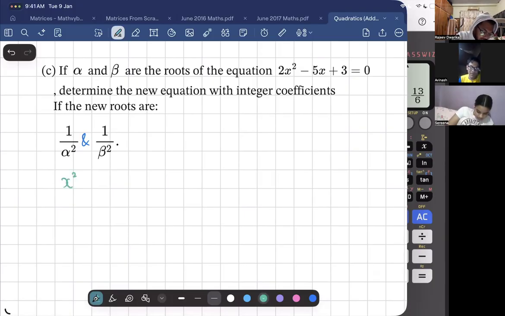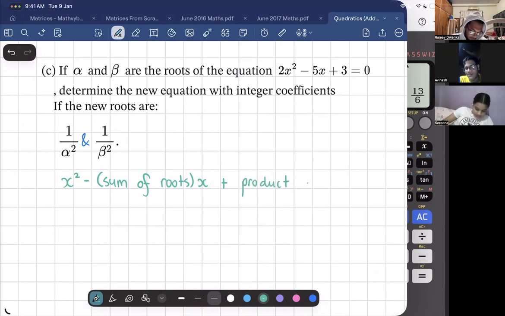It was x squared minus the sum of the roots times x plus the what? What is the other thing you typically find? You find the sum and you find the product. So this other one is going to be the product of the roots.